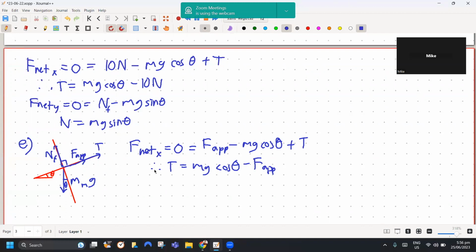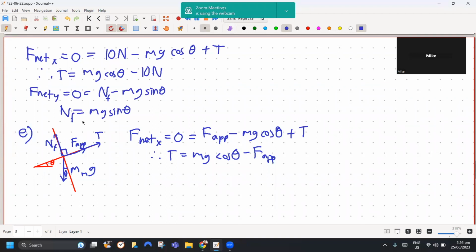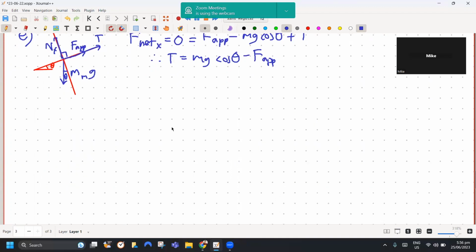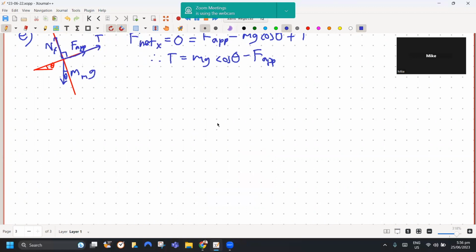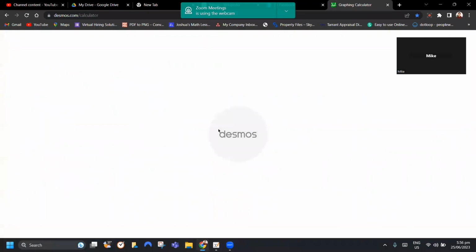Okay. So, graph. So, paki-sketch ng graph ng tension versus F applied. So, F applied yung x-axis, tension is yung sa y. Tapos, make sure na may scale.